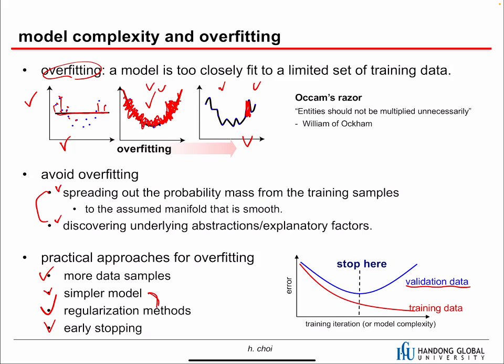When we check the performance or error on this validation data, in the beginning of the training process, it goes down. And then from some point, the validation error goes up. This is coming from the overfitting. So when we check the performance of the model with the validation data set, we can say this is the best model. We have to stop here. That's what early stopping does. Okay, it's a simple idea, but it works quite well.